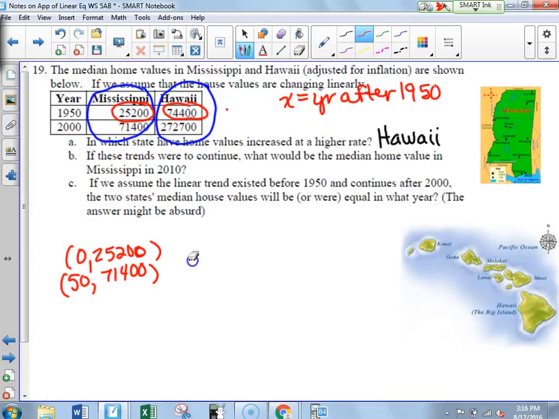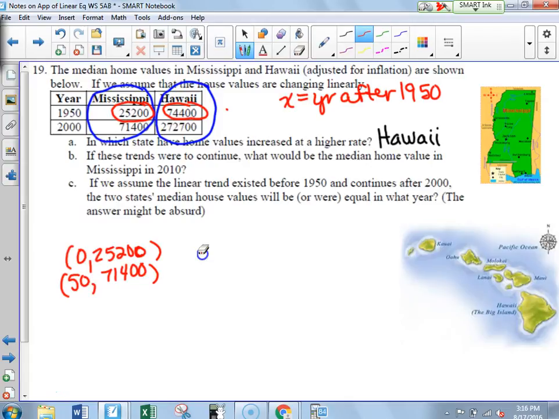Okay. We're going to need to find the slope, guys. Did you figure it out? Subtract those y values, divide by 50 years. Maybe 924.